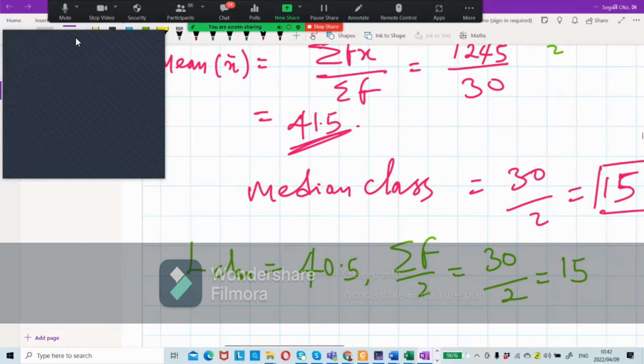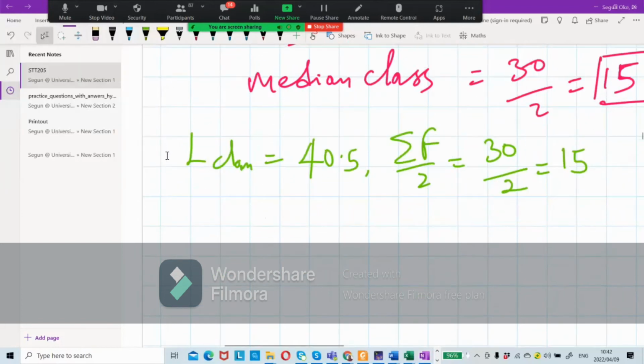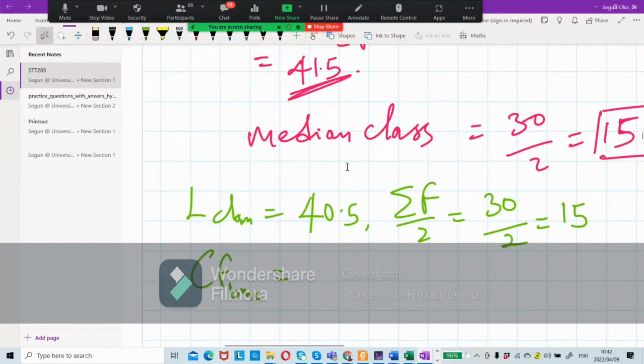Yes. Now the next thing is the cumulative frequency before the median class. It is 14. Do we agree? Yes, sir.